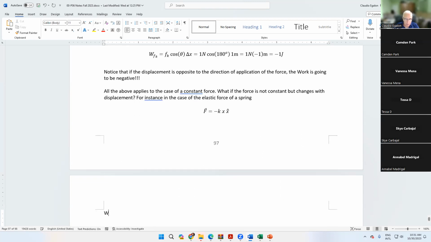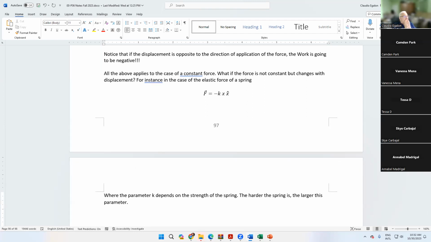Where the parameter k depends on the strength of the spring. The harder the spring is, the larger this parameter. That's the elastic force, okay?